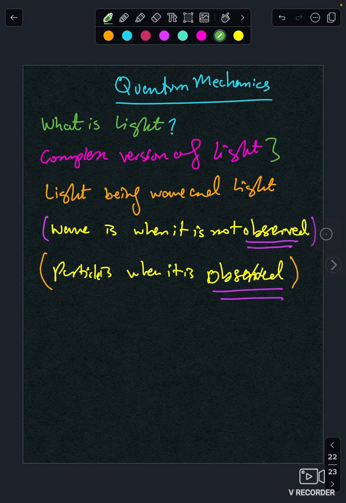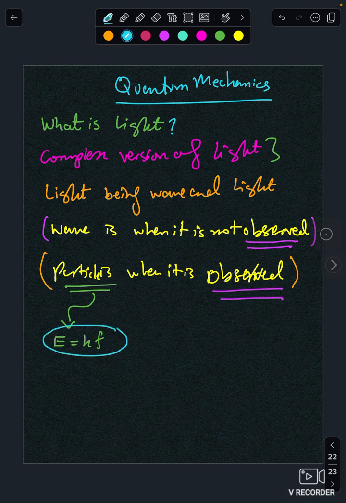Okay, then we can also talk about how light is in terms of particles. Of course, in terms of particles, it is E equal h f.